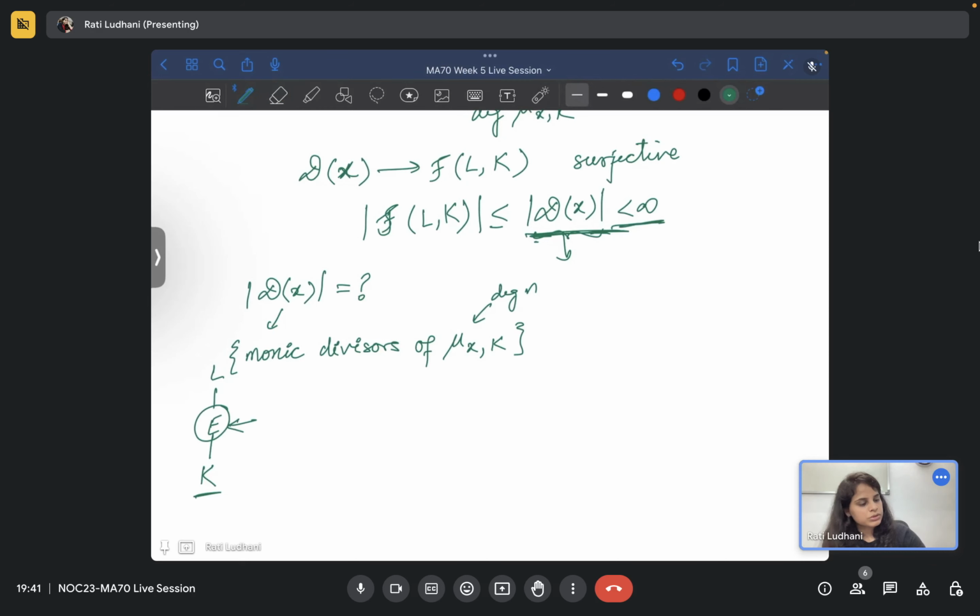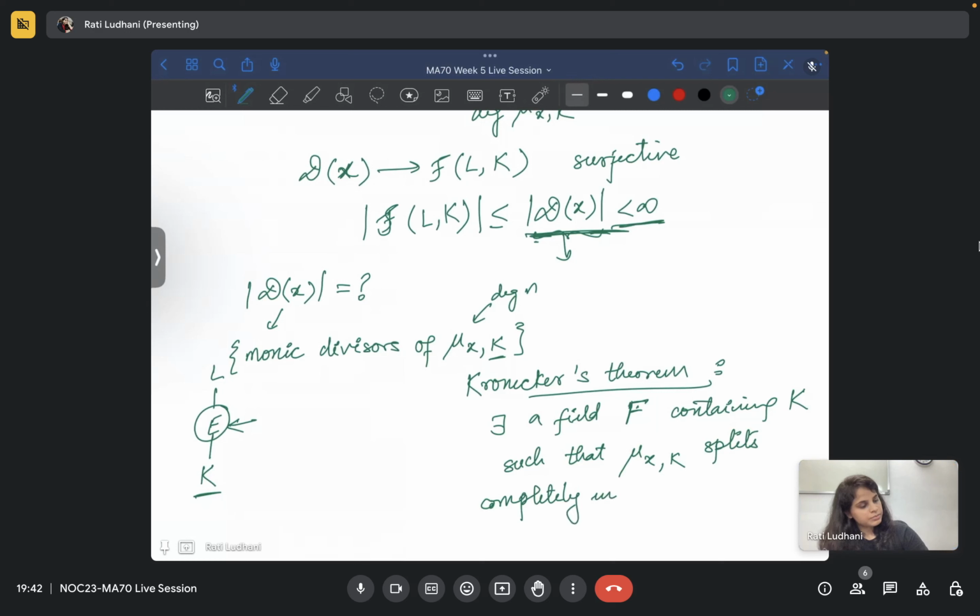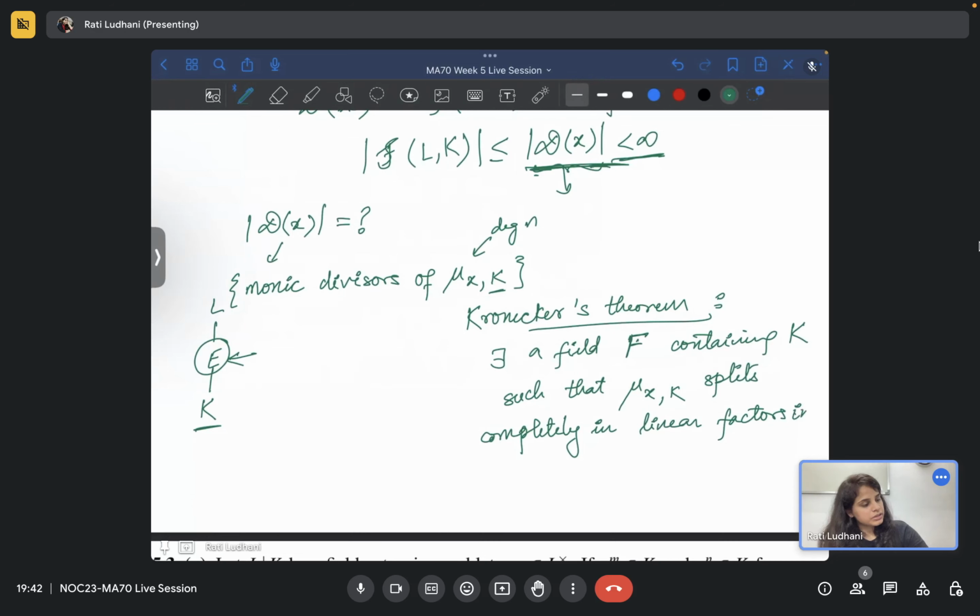Let's use Kronecker's theorem. What does this say? This theorem says that there exists a field, let's say F, extension of K, because we are talking about the minimal polynomial over K, containing K, such that mu of x over K splits completely in linear factors in F[x].